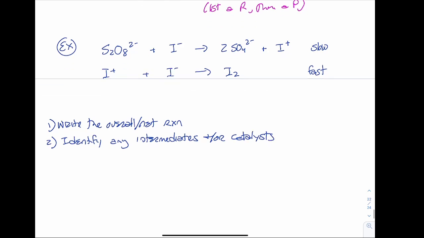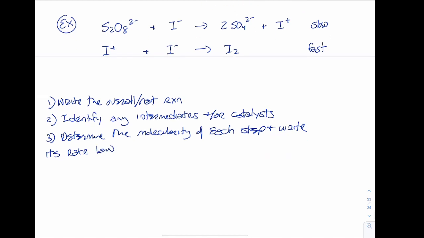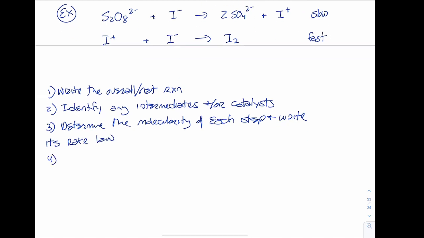We're going to determine the molecularity of each step and write its rate law. And one more, we're going to determine which step is rate determining.